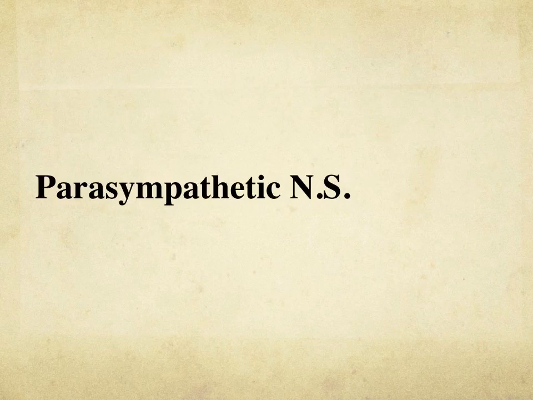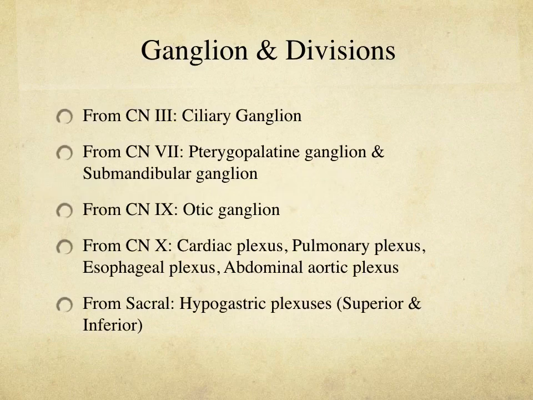So, the parasympathetic division. The principal ganglions that we see in the parasympathetic division are the ciliary ganglion, the pterygopalatine ganglion, the submandibular ganglion, the otic ganglion, the cardiac plexus, pulmonary plexus, esophageal plexus, and abdominal plexus, and then the sacral plexus.